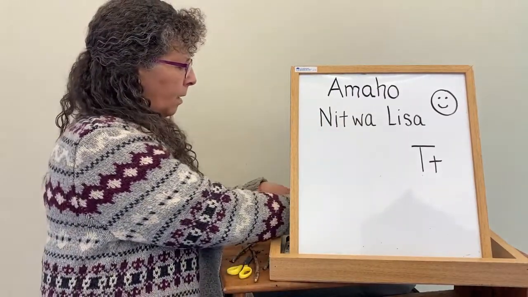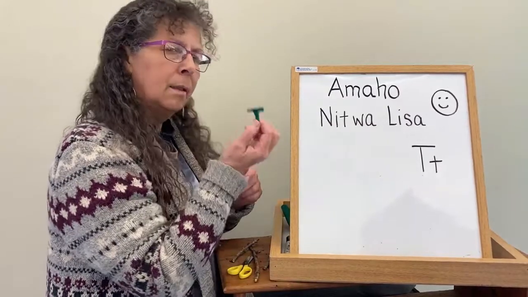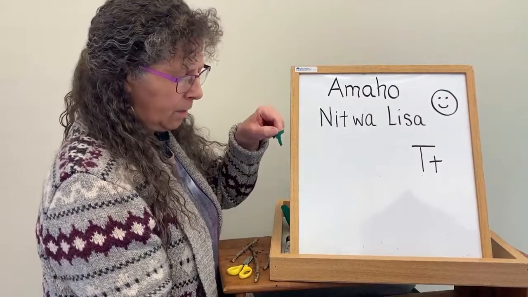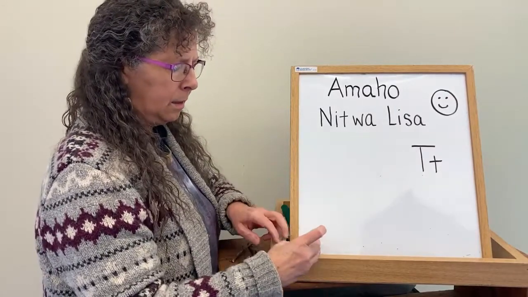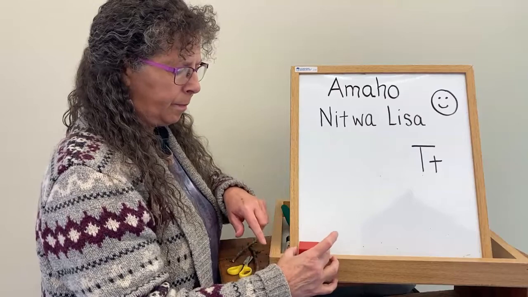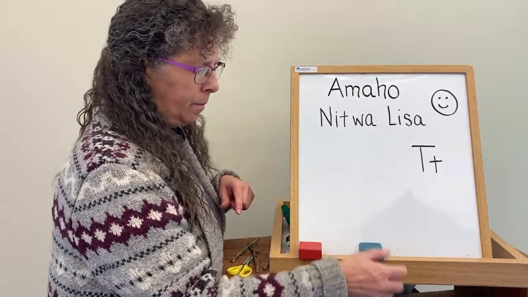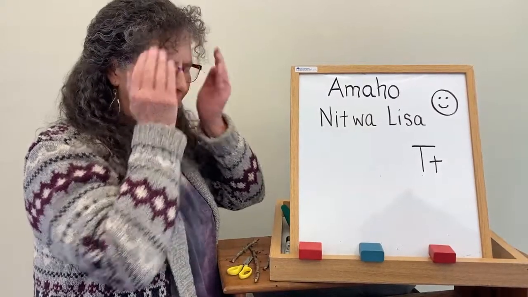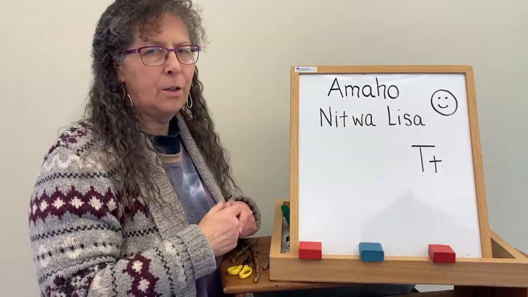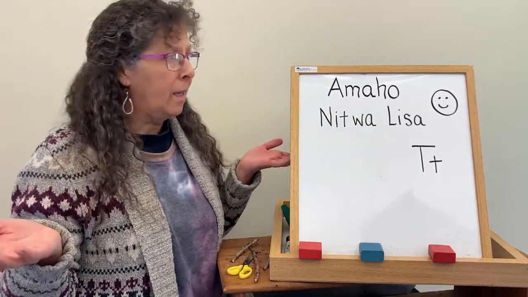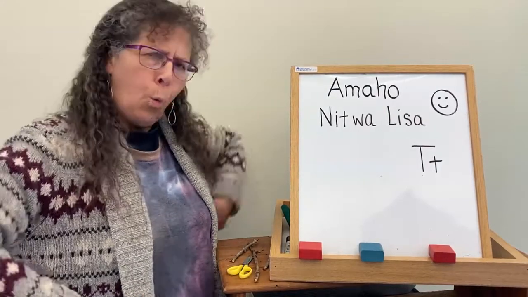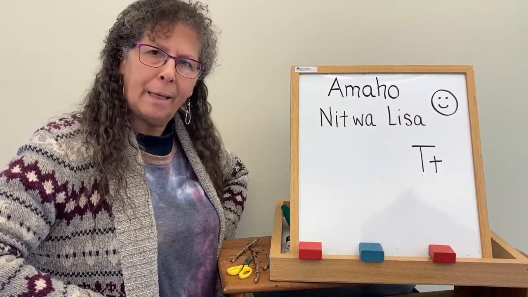You could take little pieces of fabric and then hide the letter under some blocks. Have the children close their eyes, hide the letter T, and say, letter T, letter T, where are you hiding from me?